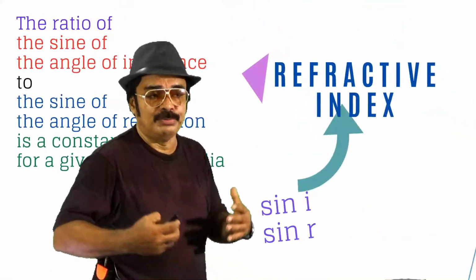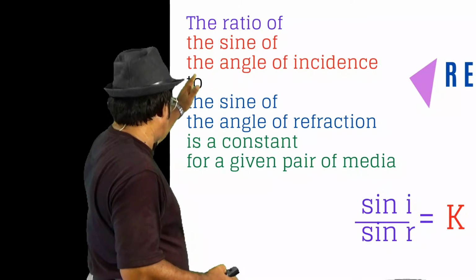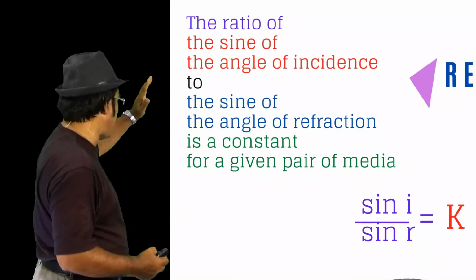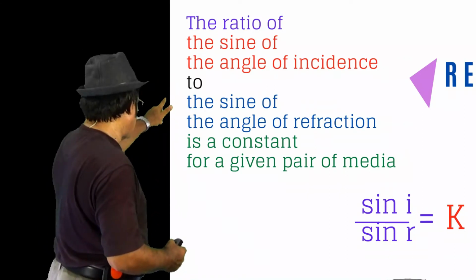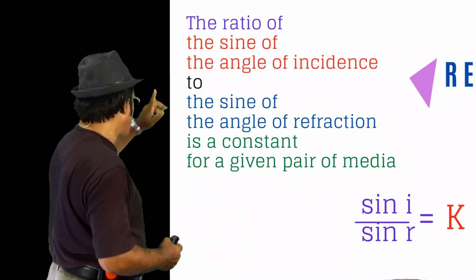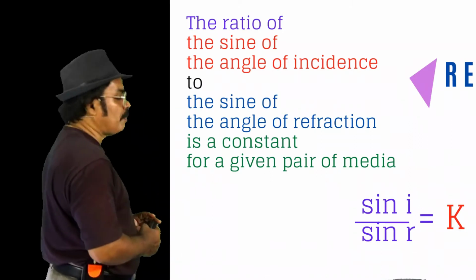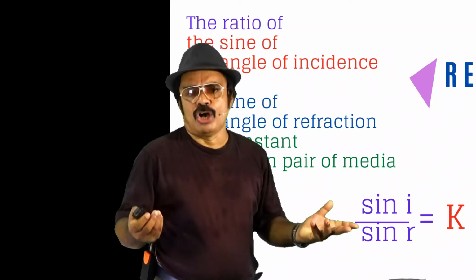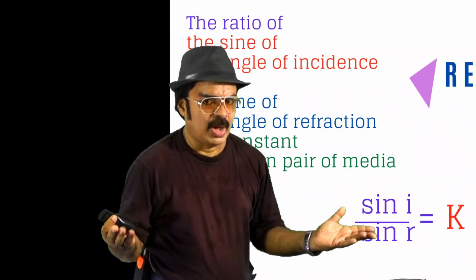But how do you write it? How do you explain it? The ratio of the sine of the angle of incidence to the sine of the angle of refraction is a constant for a given pair of media. What does it say? The ratio of, this is a ratio, you know that. Ratio of what?